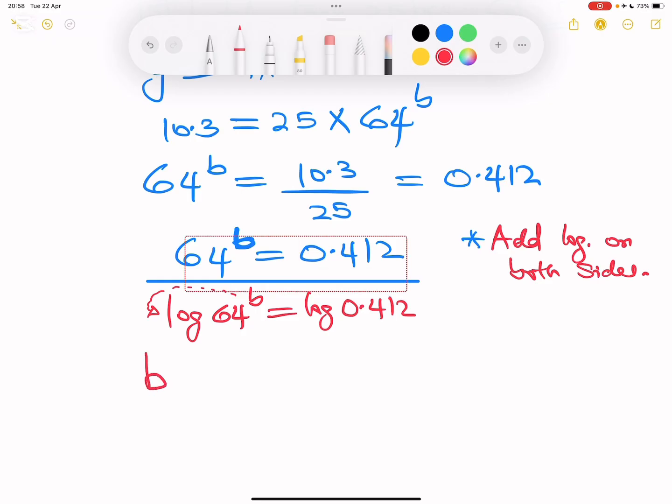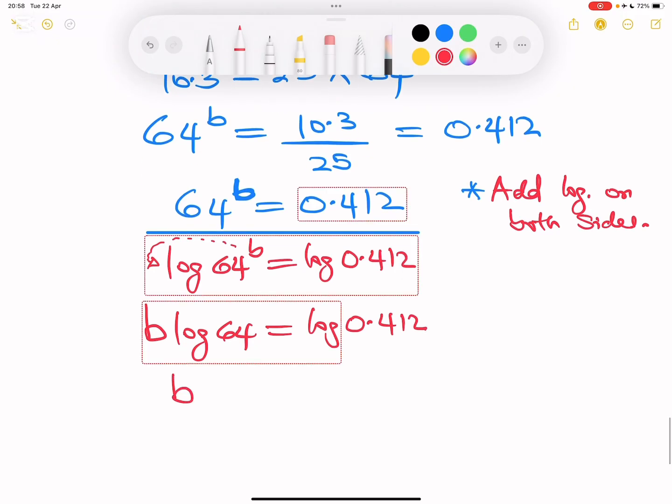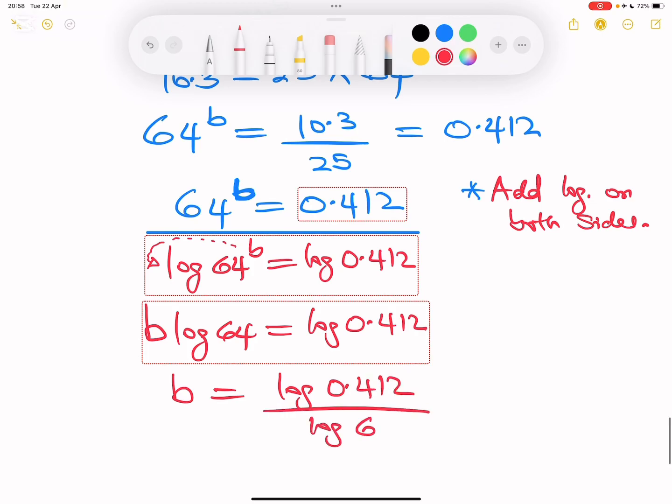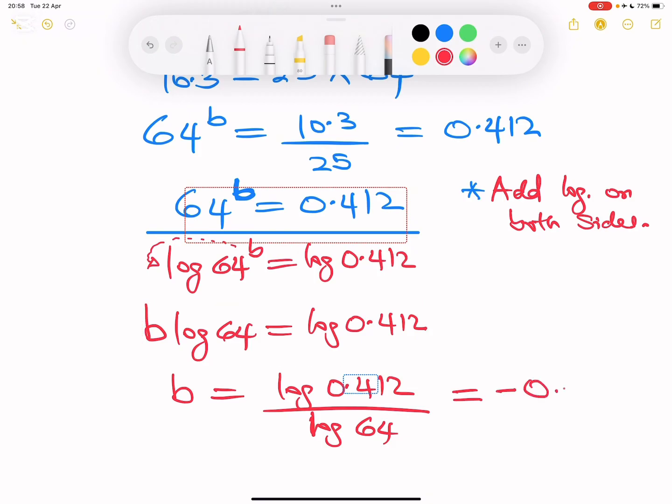So this is the same thing as B log 64 equals log 0.412. And B is now going to be equal to log 0.412 divided by log 64. Then you can press your calculator, logarithm of 0.412 divided by logarithm of 64, and that will give you a B that is equal to negative 0.2132.